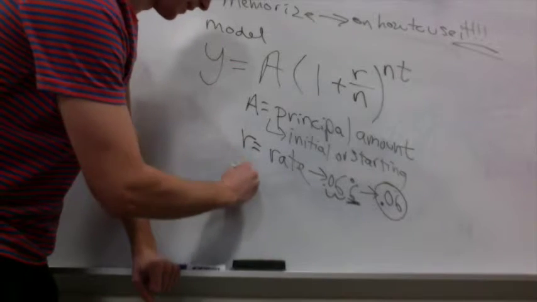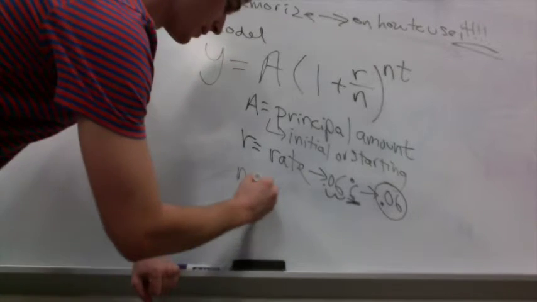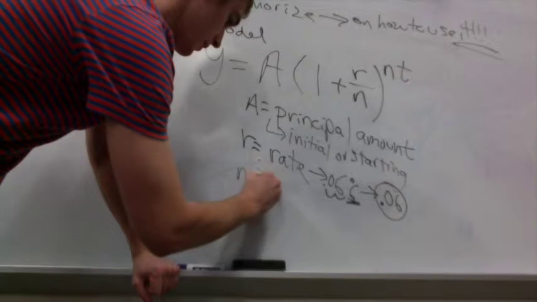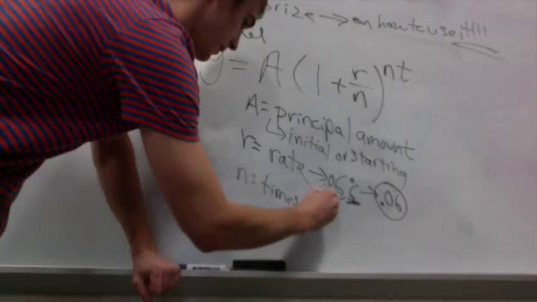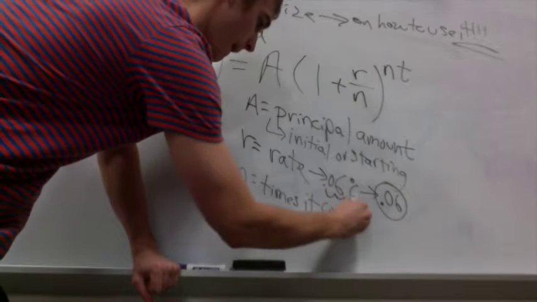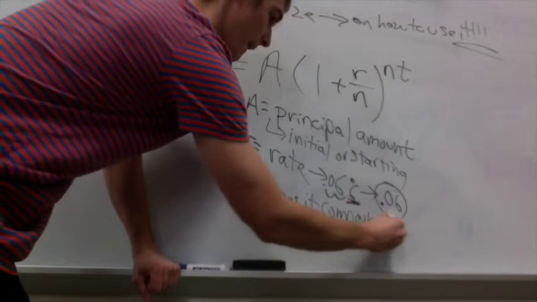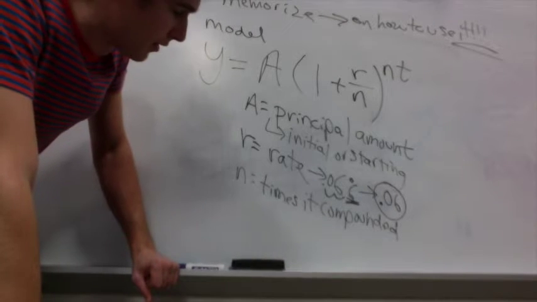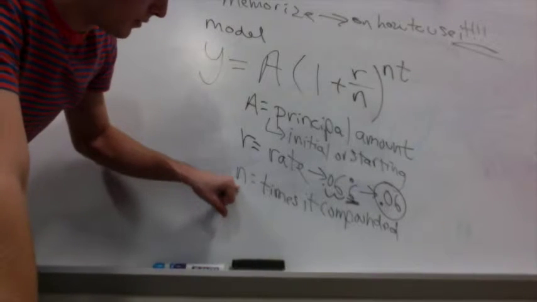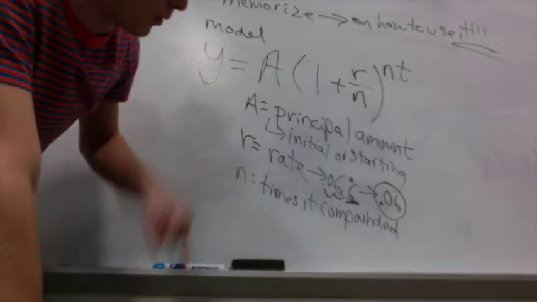So that's the rate number that we want to use in our equation. Other variables then, n. N is going to be for the times it's compounded. So depending on our n value, this could be compounded once a year.